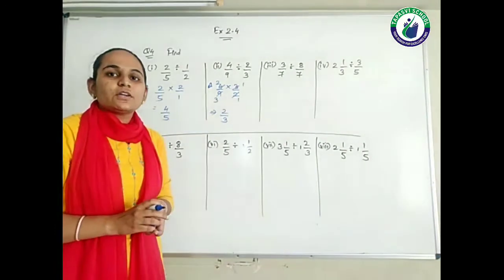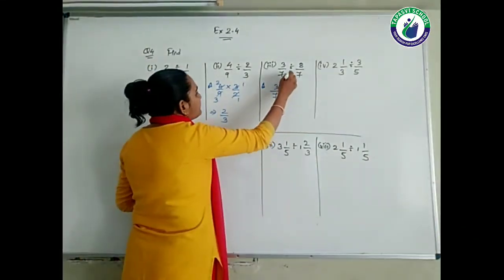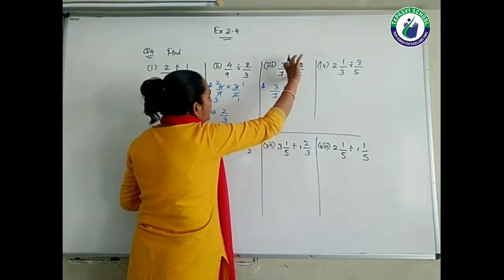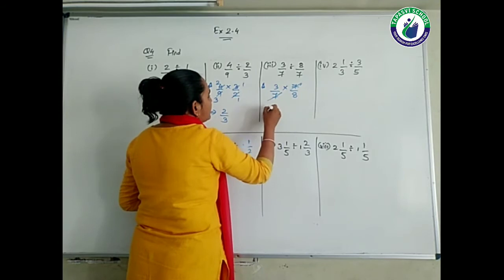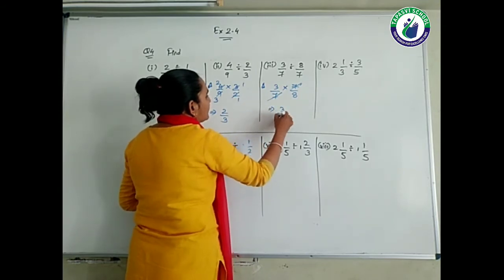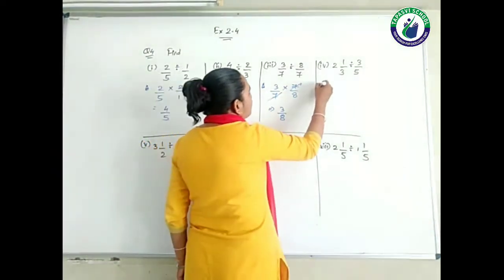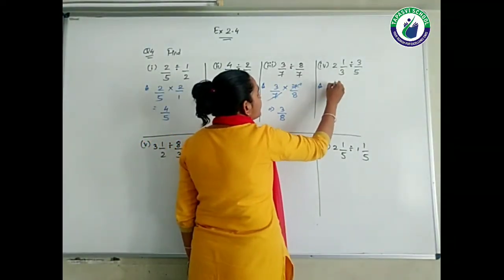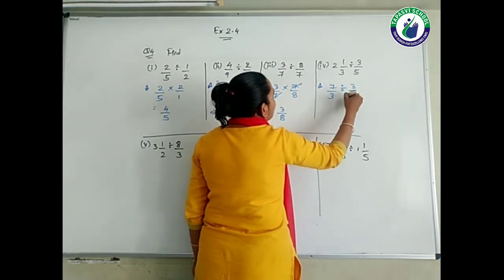Now move to the third question. So 3 by 7, division sign convert into multiplication, and with the reciprocal, so 7 by 8. 7 7 cuts, so it will become 3 by 8. Now fourth question, students, 2 threes are 6 plus 1, 7 upon 3 divided by 3 by 5.